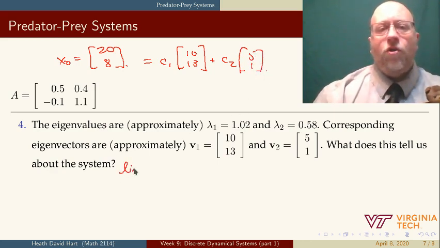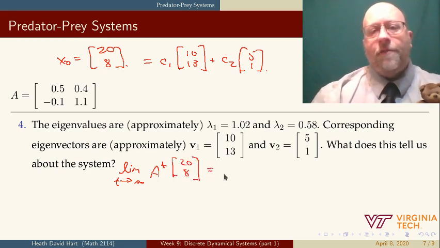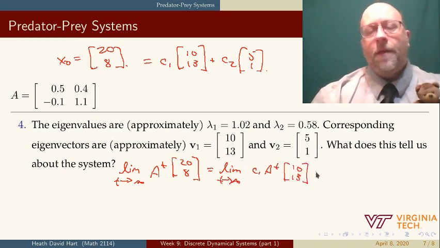And then the long-term behavior, the limit as t approaches infinity of A^t times (20, 8000), is the same thing as the limit as t approaches infinity of c1 A^t times (10, 13) plus c2 A^t times (5, 1).